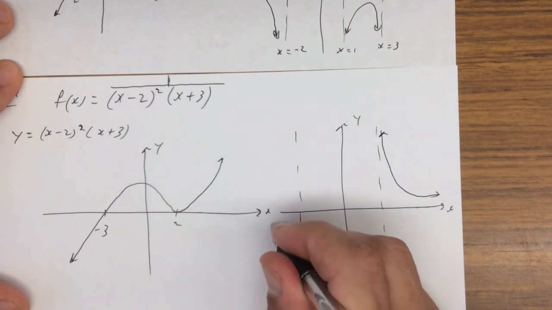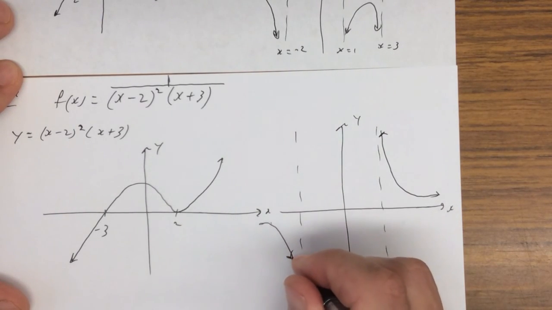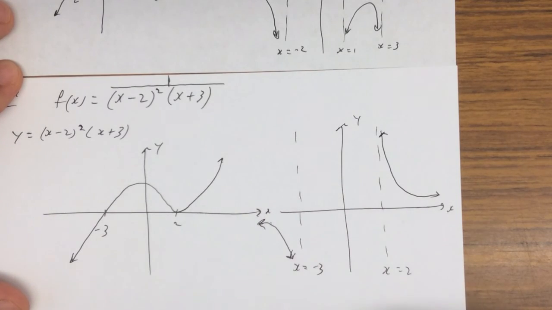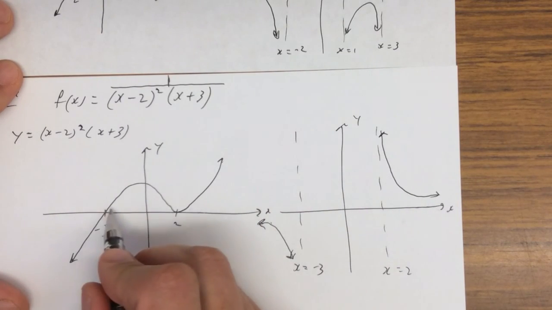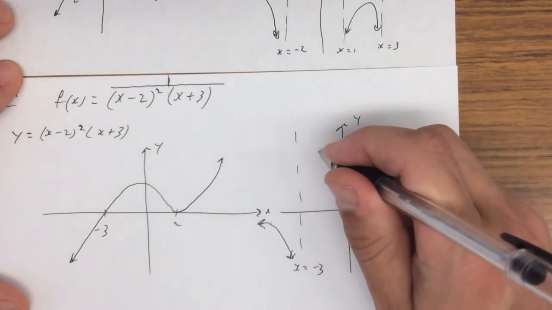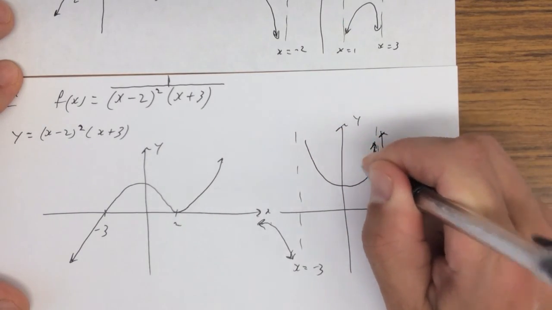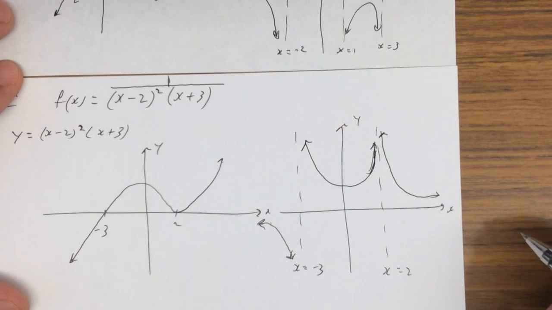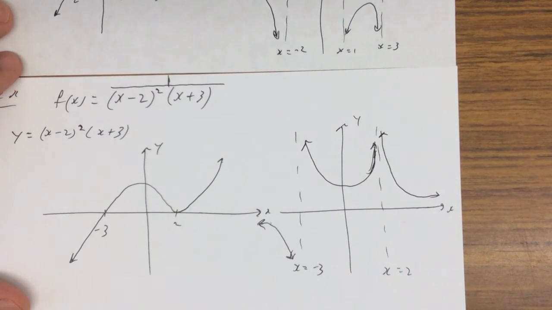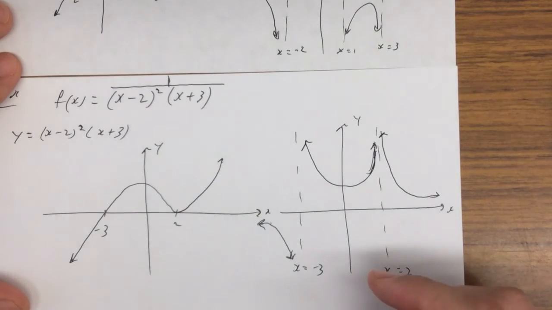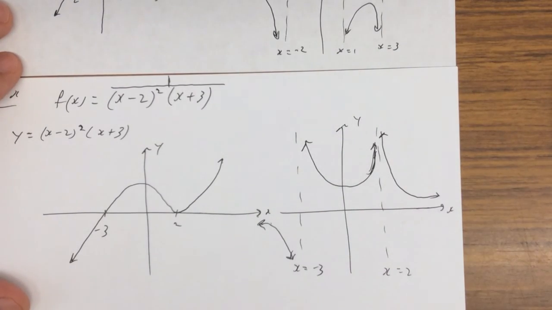Over here, it's going to give us this picture. And then in here, it's all positive, so it's going to give us this loop going up, like that. And you should be able to transfer this to the reciprocal of pretty much any polynomial function that's factorable or non-factorable.